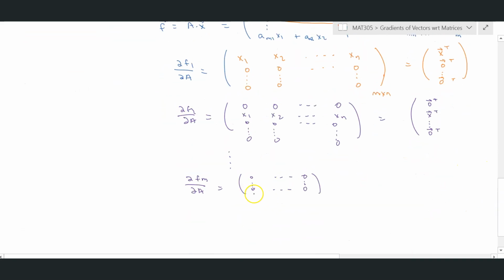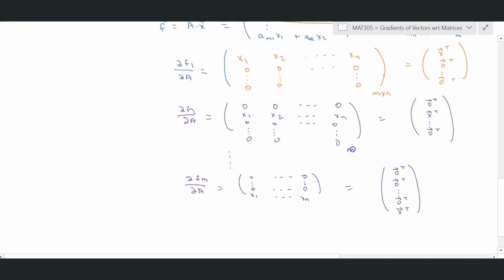So in this case, the bottom row will return x1 through xn, and that one will have a bunch of 0 rows up until the last row, which will be the transpose of the x vector.